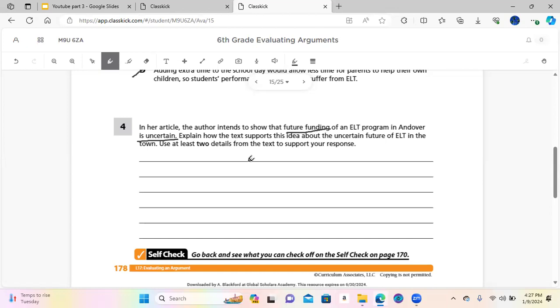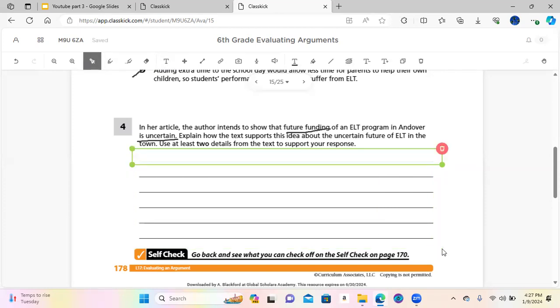She also quotes a grant coordinator as saying, it's a legitimate concern that the grant will go away. While the writer covers both sides of the story, she clearly intends to show funding is a major issue. All right, so you can record your responses and your evidence to support. Okay, let's go ahead and record our responses.